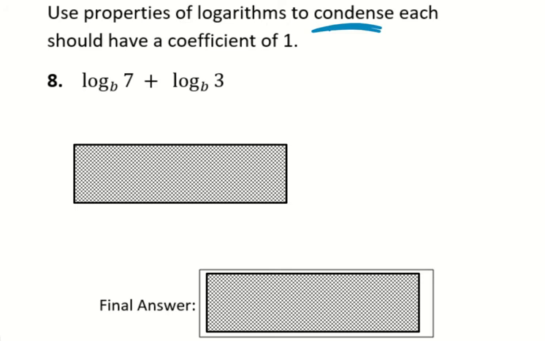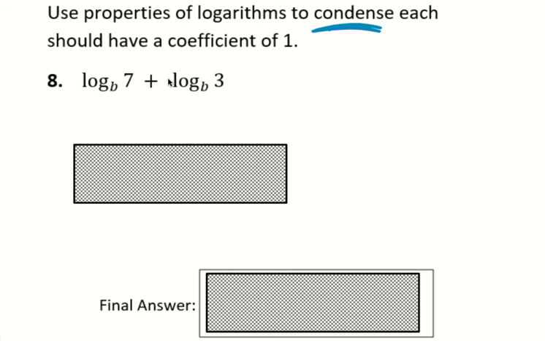And since there are no special coefficients other than 1 out in front, the product rule applies. If there was a 5 out in front or a 2 out in front, the product rule would not actually apply yet.